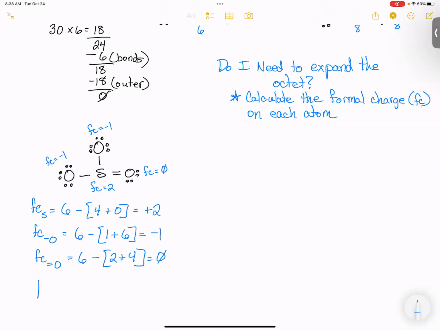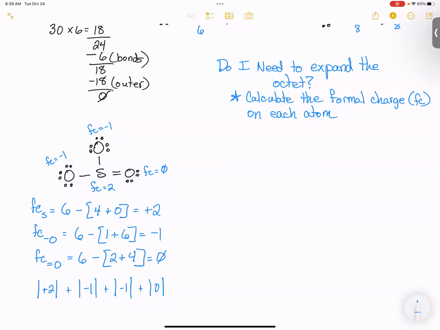The absolute value then is +2 plus the absolute value for -1 plus the absolute value for -1 plus the absolute value for 0.